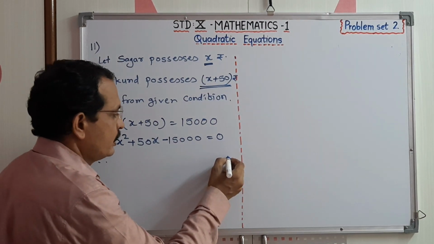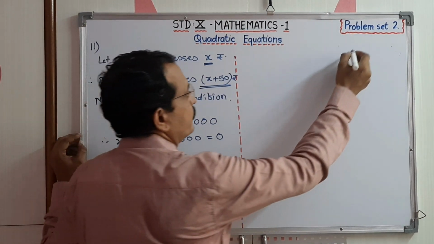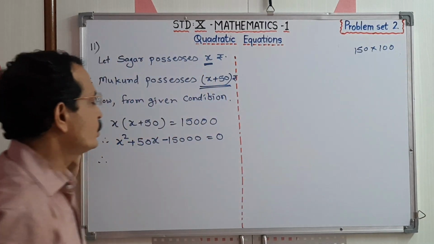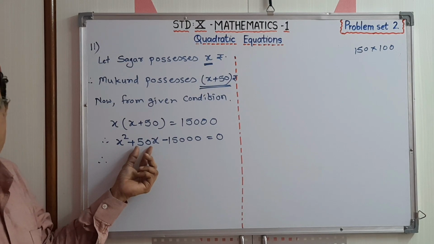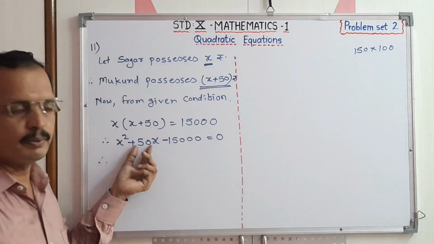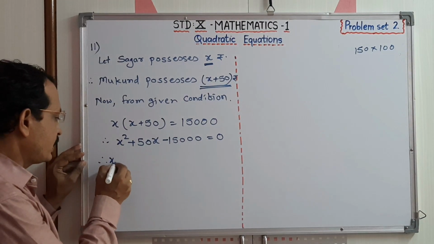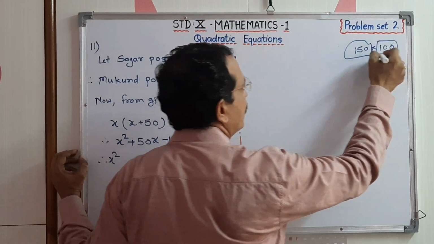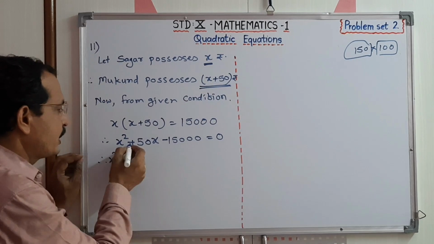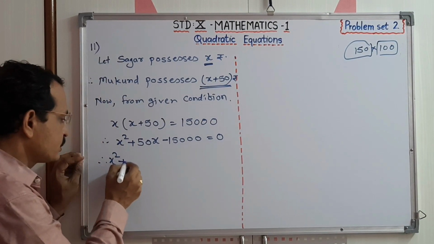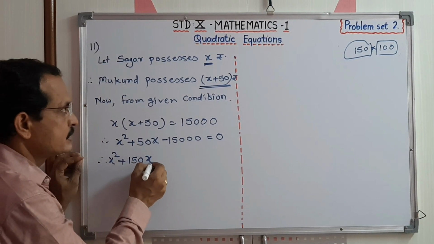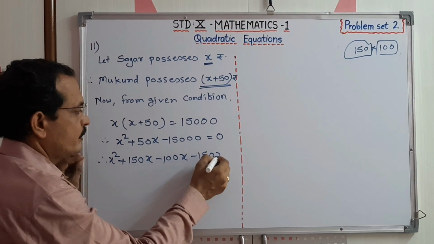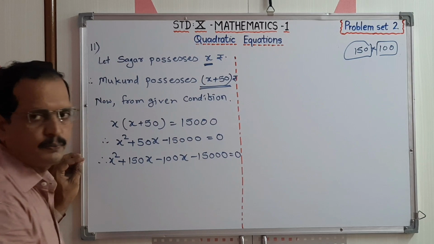We can write 150 into 100. If we subtract these, it will be 50. Therefore, we write x square, and since 150 is the bigger one, the middle term gets the plus sign: plus 150x minus 100x minus 15,000 is equal to 0.